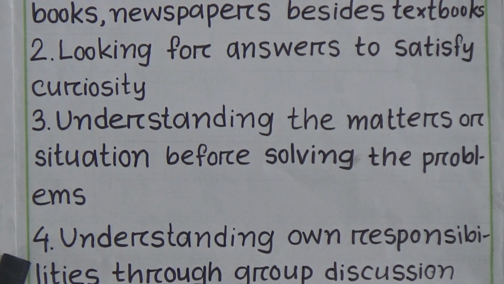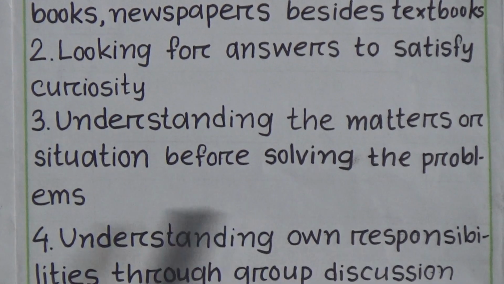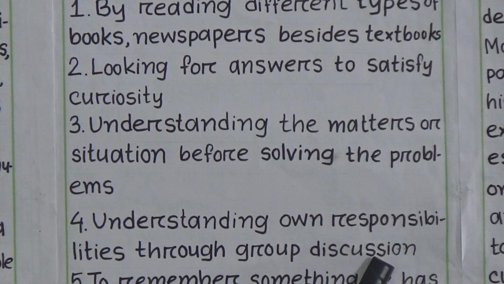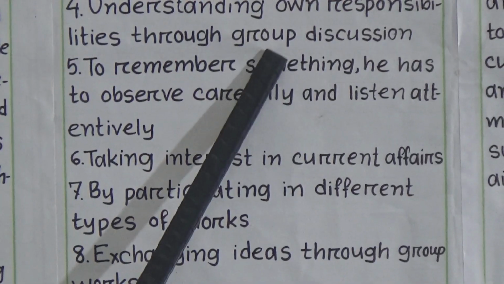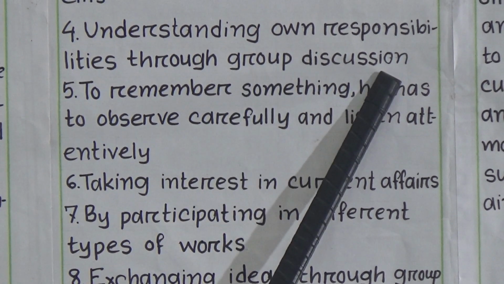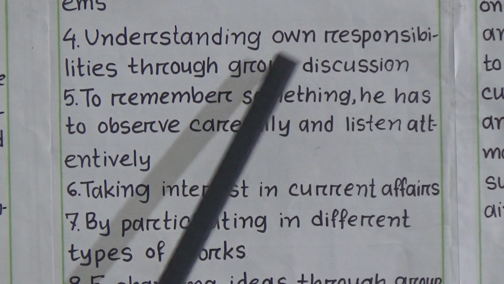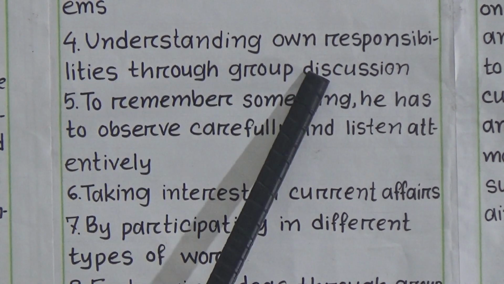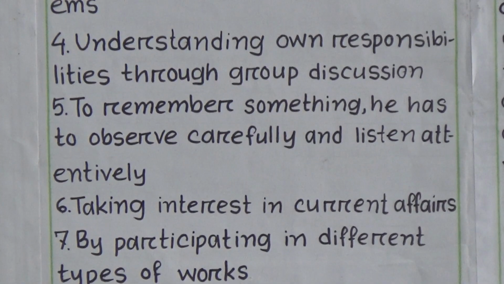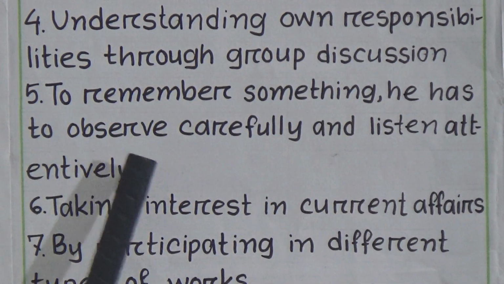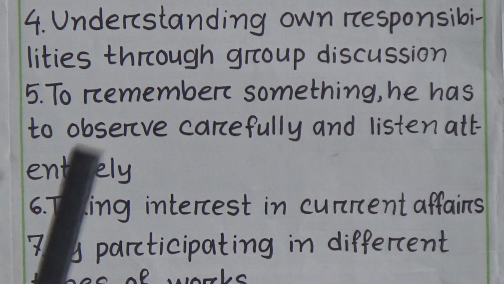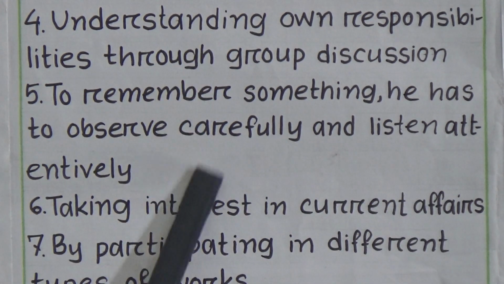Number 4, understanding own responsibilities through group discussion. We all have some friends or groups, so through group discussion we can understand our own responsibilities. Number 5, to remember something he has to observe carefully and listen attentively. This way will be helpful for Mamun's intellect.